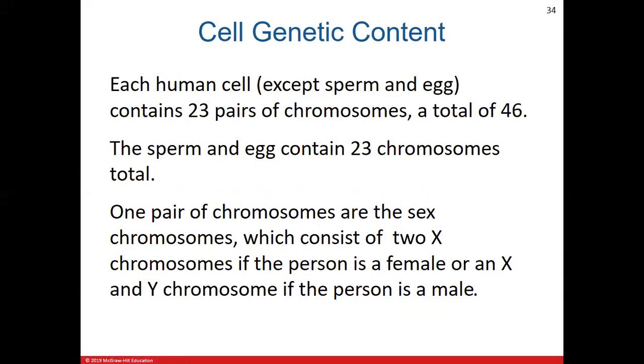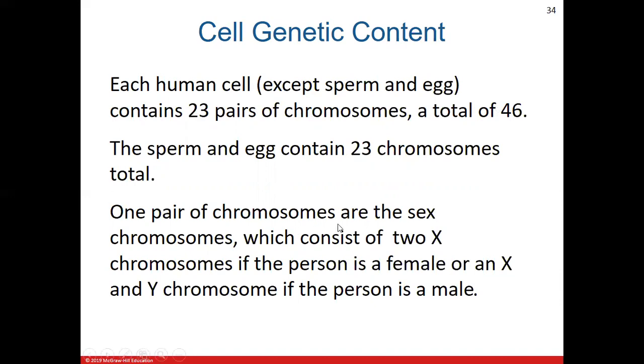So the egg cell and the sperm cell will only have a total of 23 chromosomes. Whereas your other cells, for example a skin cell or a liver cell or a muscle cell, would have a total of 46, 23 pairs. You have 23 from each parent inside of that cell, and that gives you a total complement of 46. That's what's called a diploid cell. You have two copies of each chromosome.